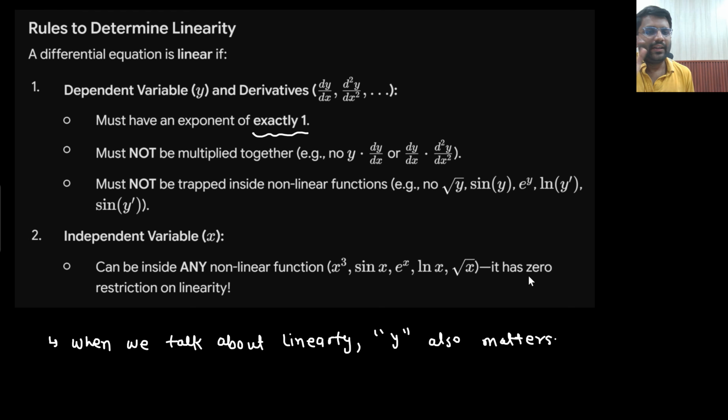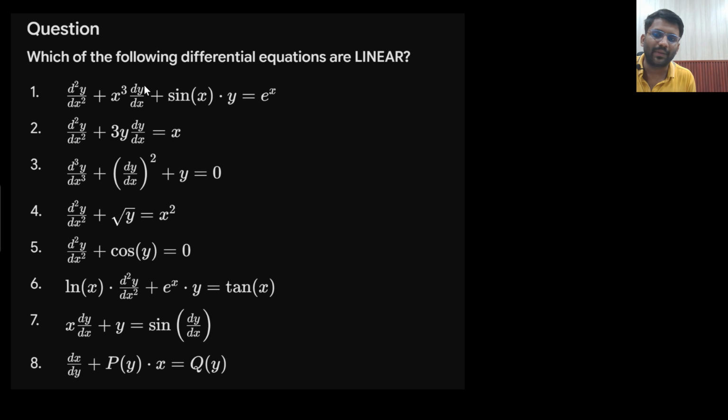So here y, dy by dx, d2y by dx2 all will follow the same rule. The scenario is that their maximum power should be 1.